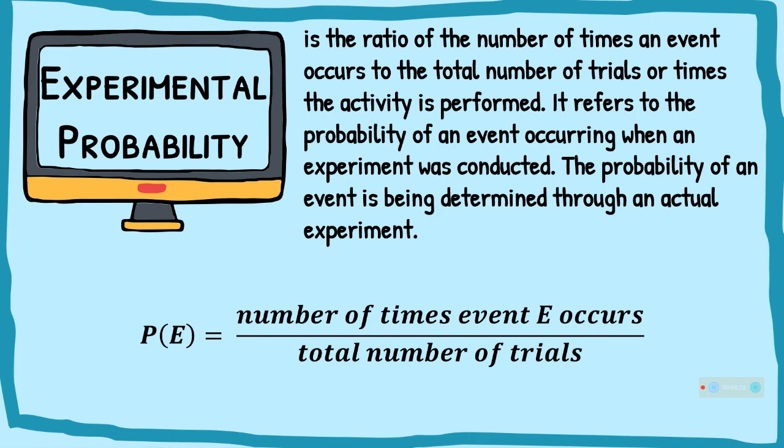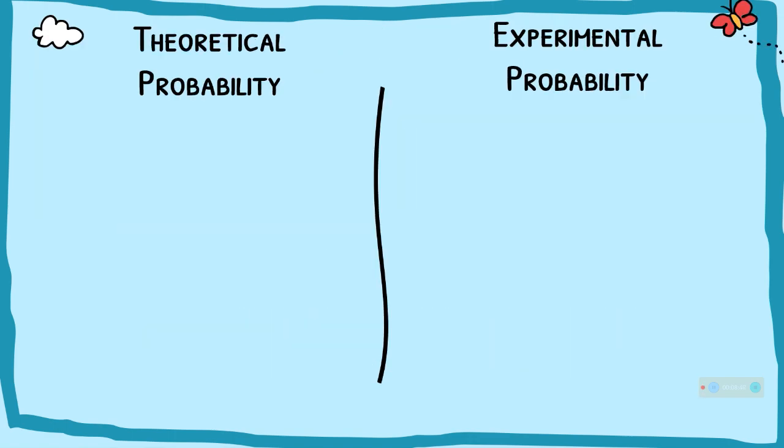The probability of an event is determined through an actual experiment. While in theoretical probability, as we have before, you can have the probability even without doing the activity or the experiment. In experimental probability, you have to do the experiment in actual. Okay? So, let's have the difference.